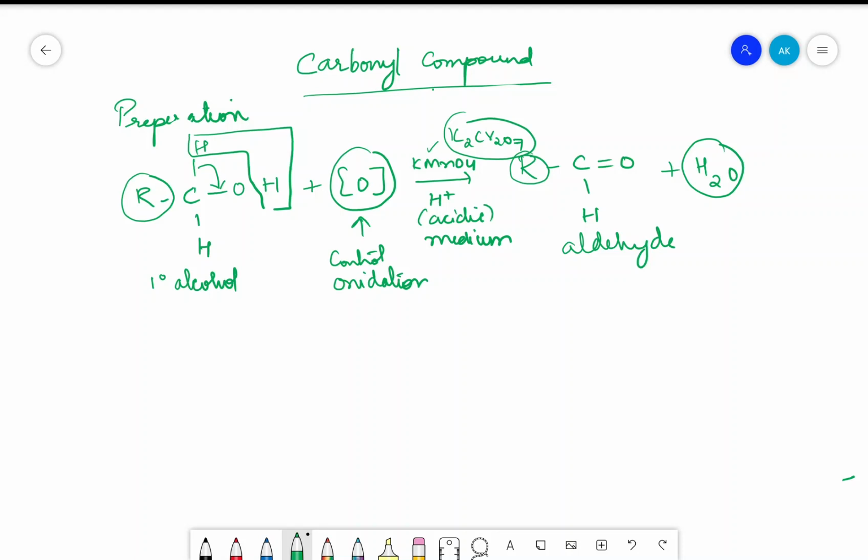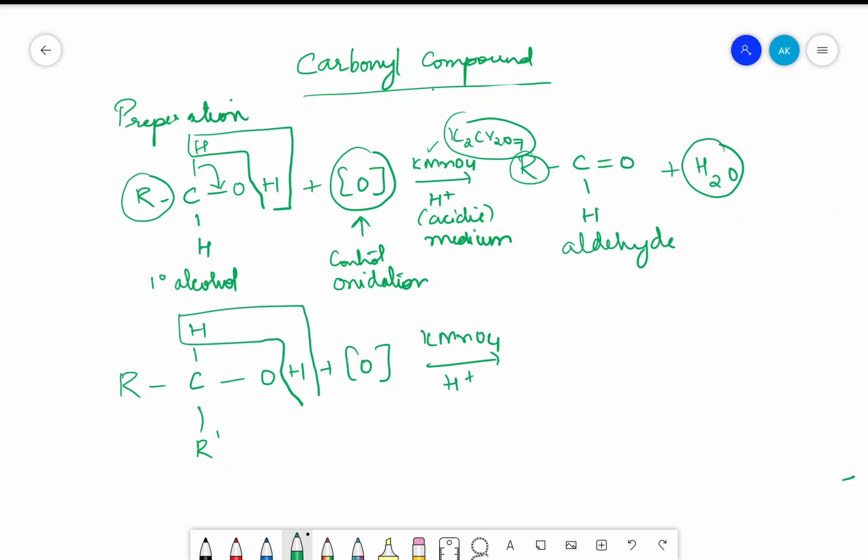Next is how ketones are prepared. Then we have to write here R, C, H, OH, R dash plus controlled oxidation in the presence of KMnO4 acidic solution. Same thing, H2 reacts with O, we'll get H2O.